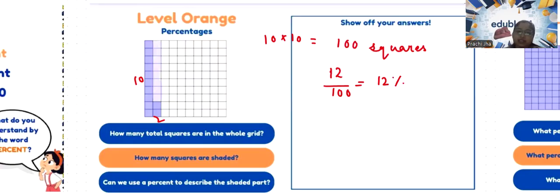If I shade all the complete rows, we have shaded 20 in general. Can anybody tell me what will be the percentage for this one? Exactly. It will be 20 over 100, and that's nothing but 20%. Great job, everybody. Wonderful.